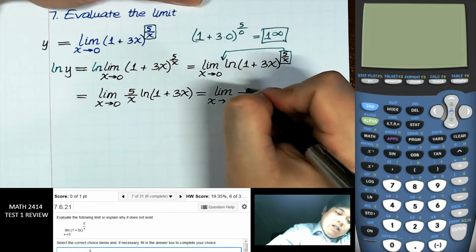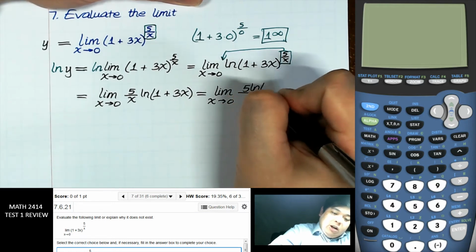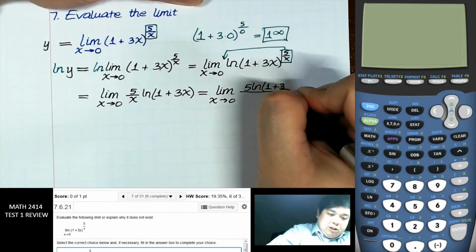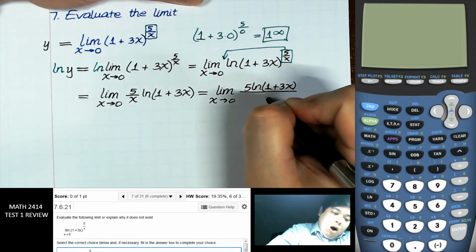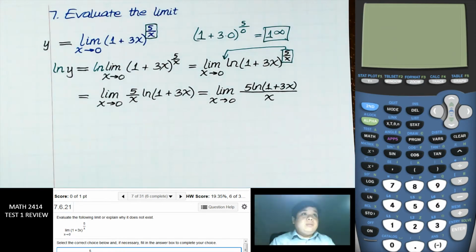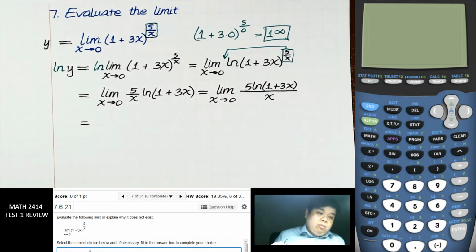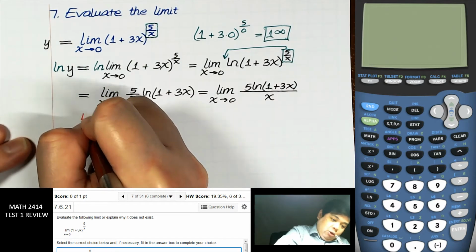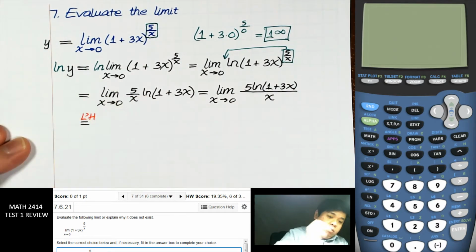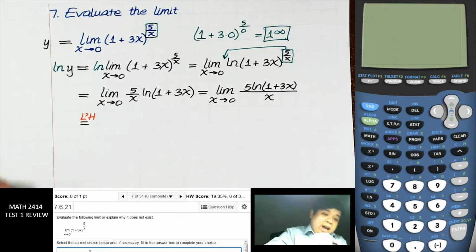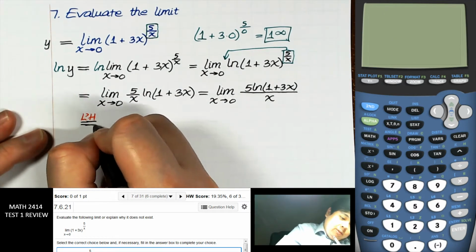So on the top we can say 5 ln of 1 plus 3x, and at the bottom x. Now we haven't done any L'Hopital's rule yet. Now we will use L'Hopital's rule. Take the derivative of the top and then the derivative of the bottom.